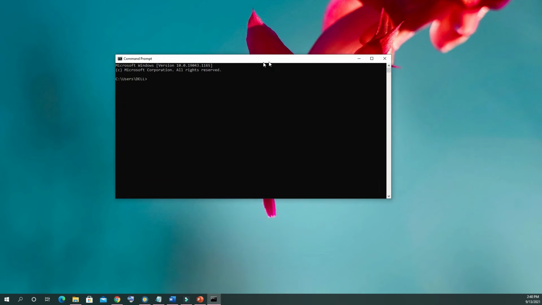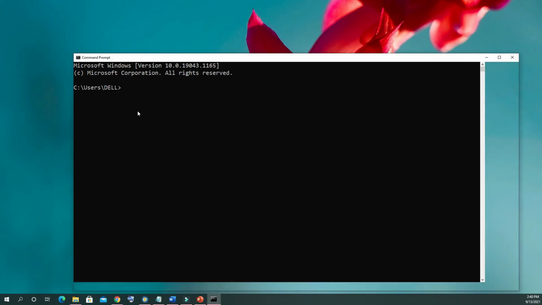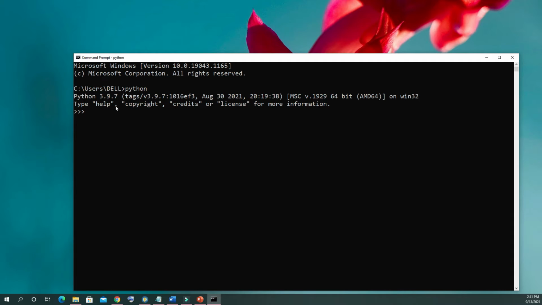So your CMD will open. After the CMD opens, we type python. Now we are in the interactive shell, or our Python IDLE. So here we're going to key in our expressions.